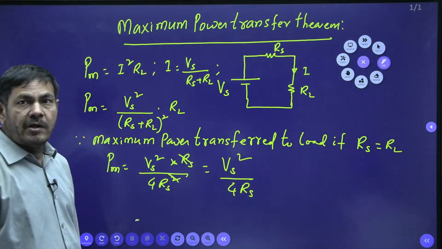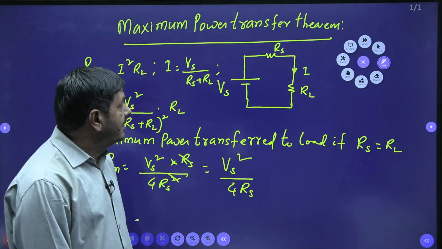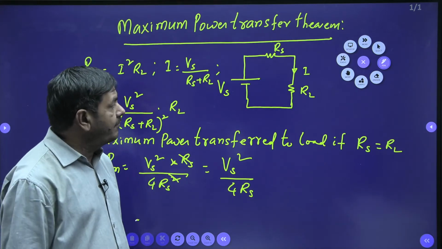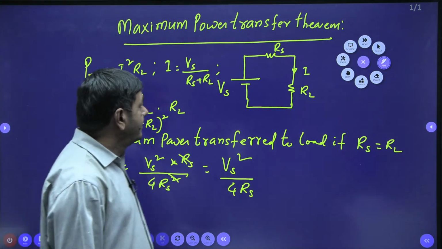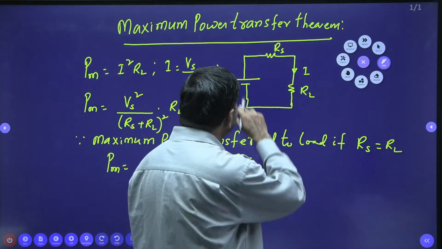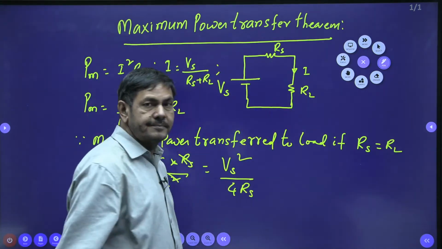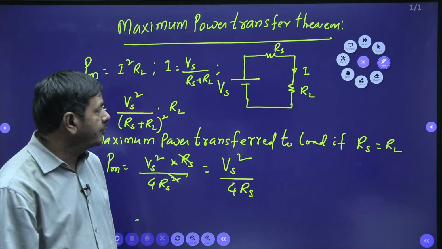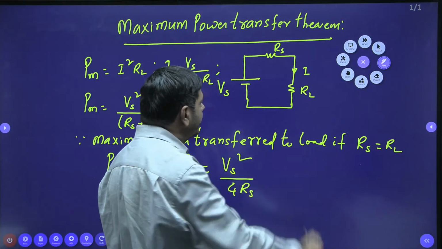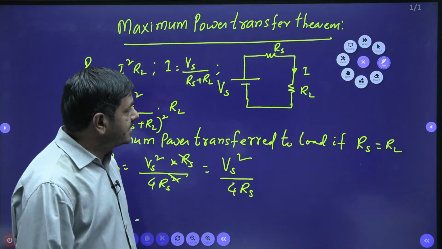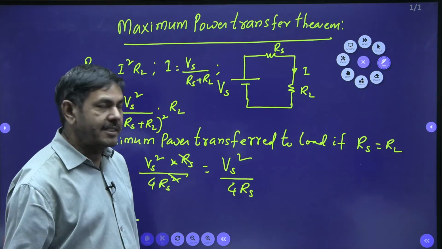But one point you have to remember here: this network appears in the form of what? This is a series network. Thevenin's equivalent circuit is of this form only. In the Thevenin's equivalent circuit, you connect VTH, RTH and RL. So it is just like Thevenin's equivalent circuit.